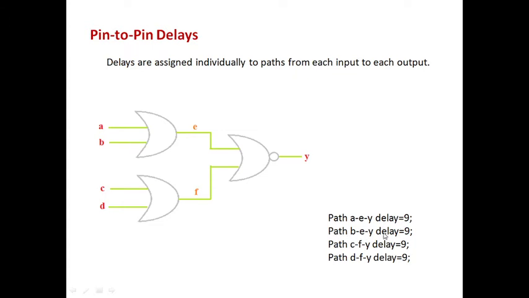Similarly for B, E, Y. Coming to C, F, Y and D, F, Y, it is taking not 9 seconds, it should be 11 seconds. I deliberately left this as is, keeping in mind that you will notice this. So this is about pin to pin delays. Sometimes we call these pin to pin delays path delays.